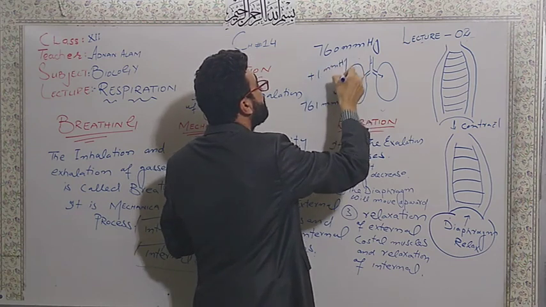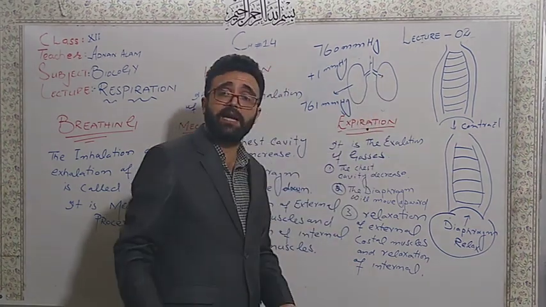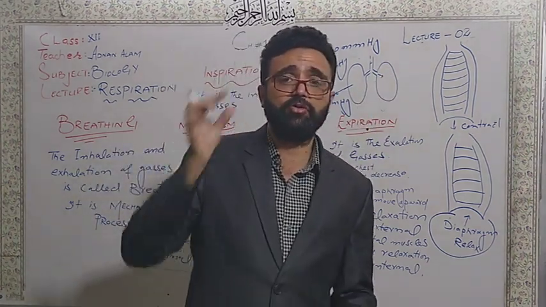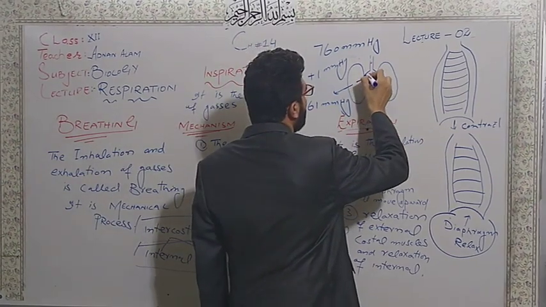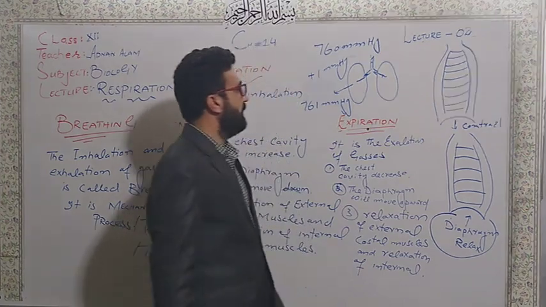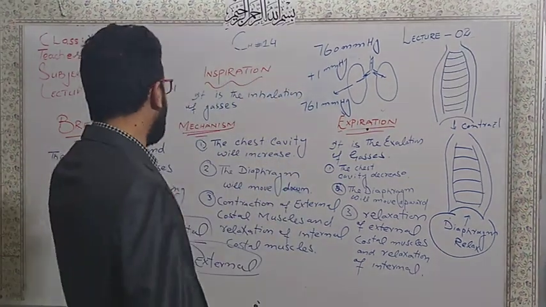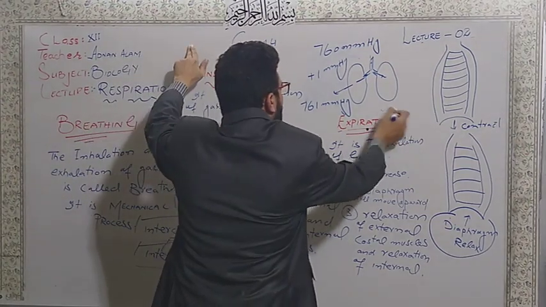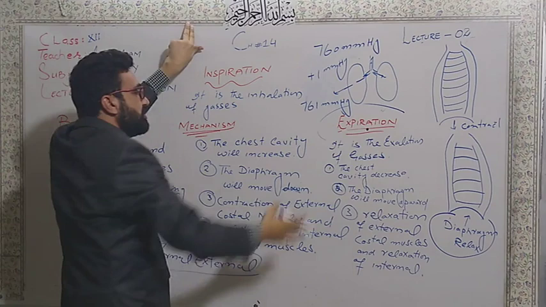So the pressure inside the lungs is high as compared to the external environment, the air will move outside, and in that way the process of exhalation will complete. Without inhalation there is no exhalation. Without inspiration, there is no expiration.